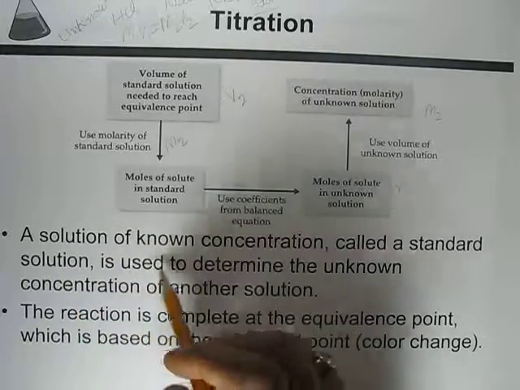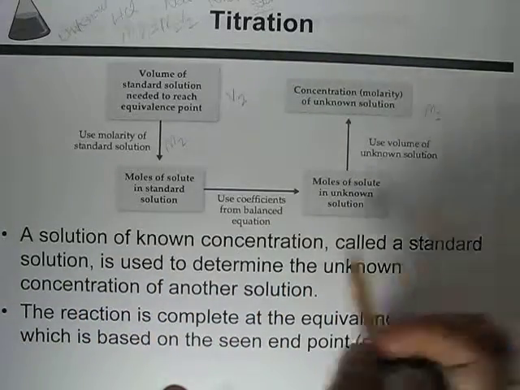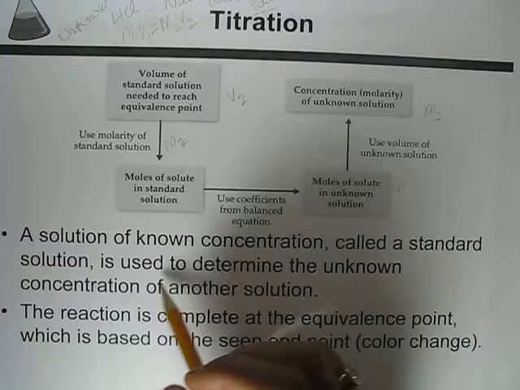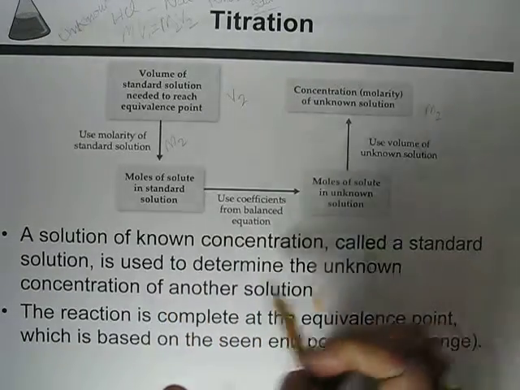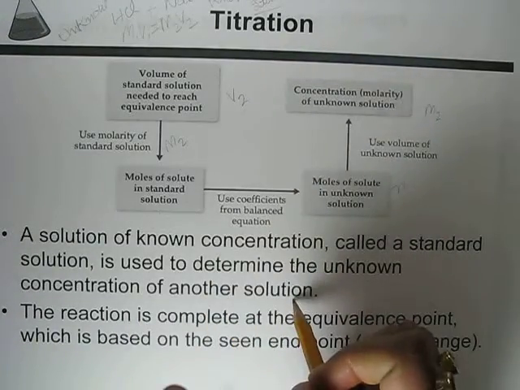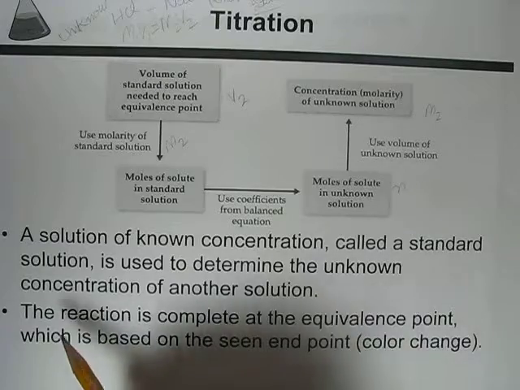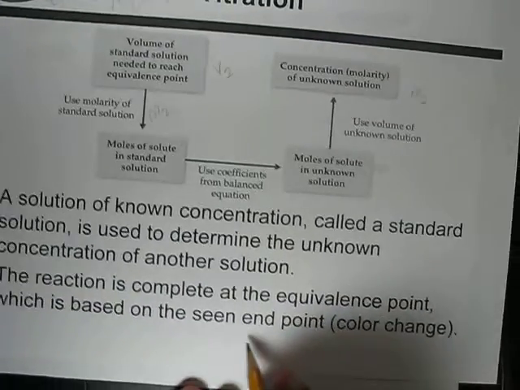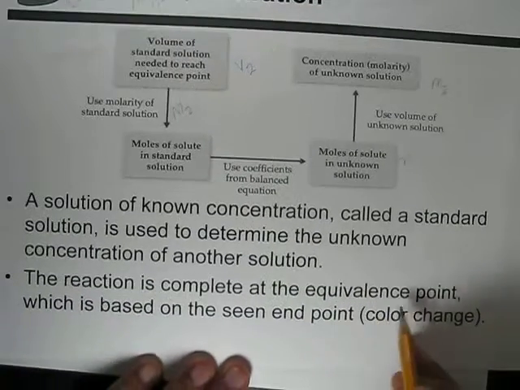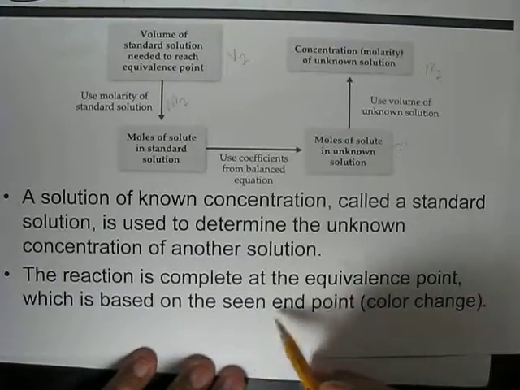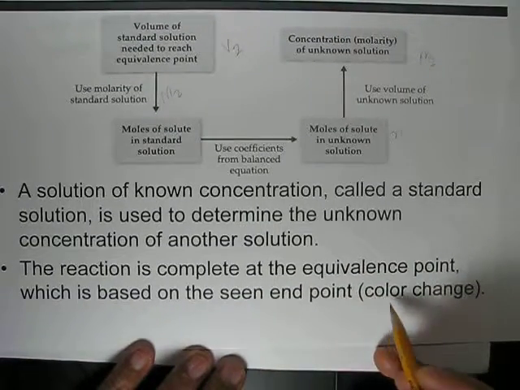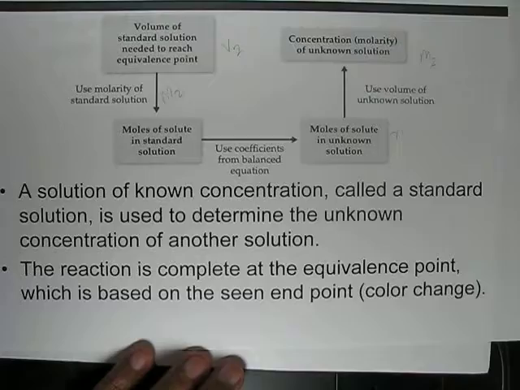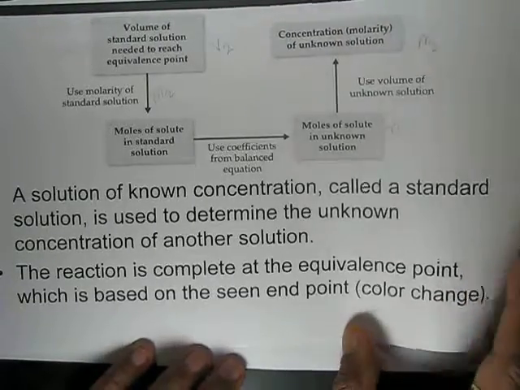So a solution of a known concentration, called a standard solution, is used to determine the unknown concentration of another solution, and the reaction is complete at the equivalent point, which is seen at the end point, where you will see the color has changed.